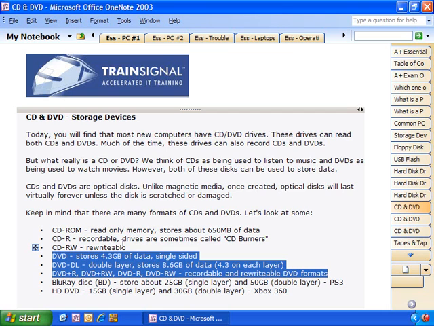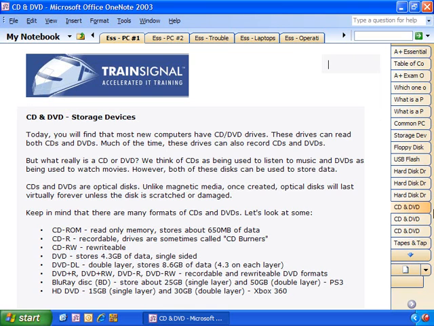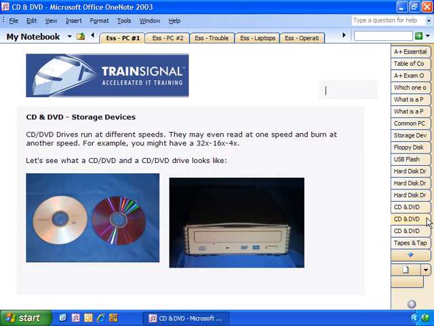Blu-ray and high definition DVD drives, on the other hand, are close to $1,000, and the discs are close to $20 or $25 each. So just a comparison before you go out and start shopping for your next Blu-ray or HD DVD drive for your computer. You might want to wait a little while until the prices come down.